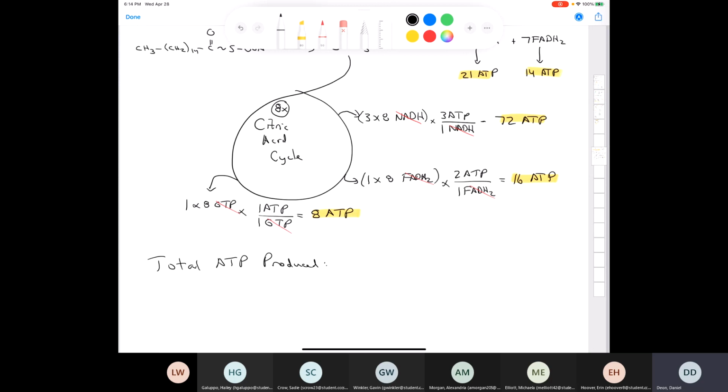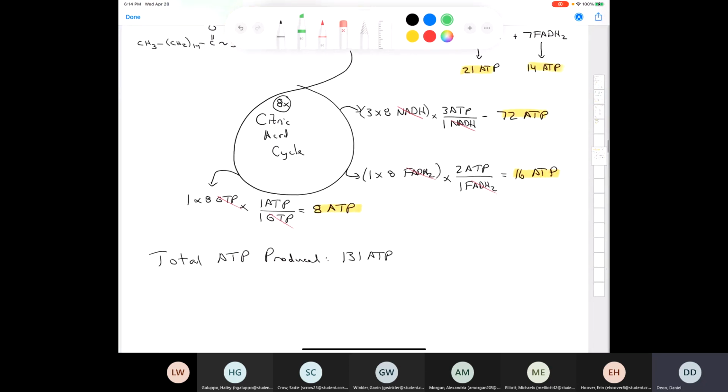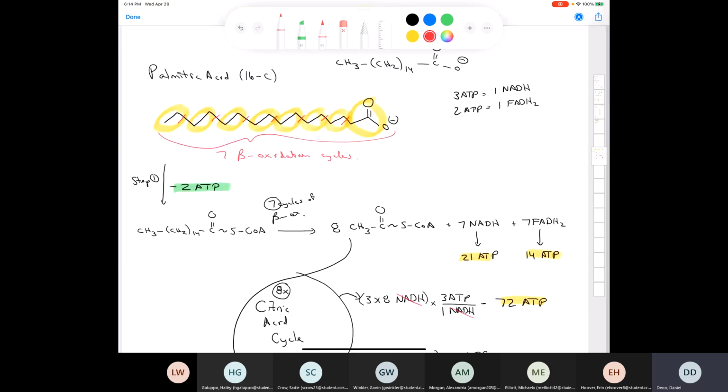We end up with 131 ATPs. But then remember, in the activation, we invested 2 ATPs in the activation step. So we take 131, we subtract 2 ATPs, and we end up with the total, which is 129 ATPs, is what we ended up with from the one molecule of palmitic acid.